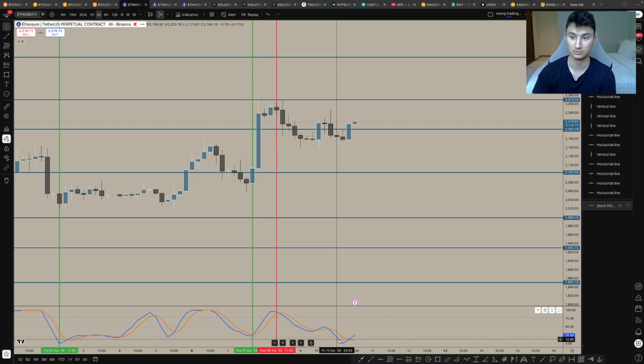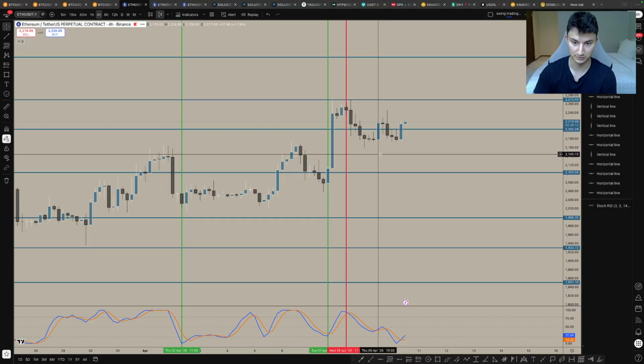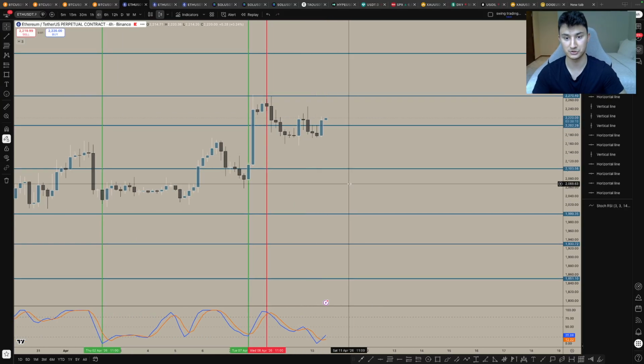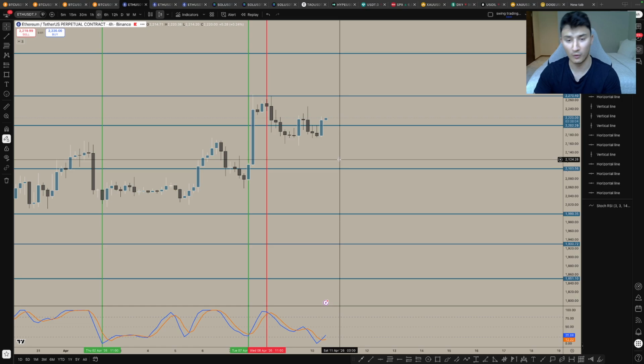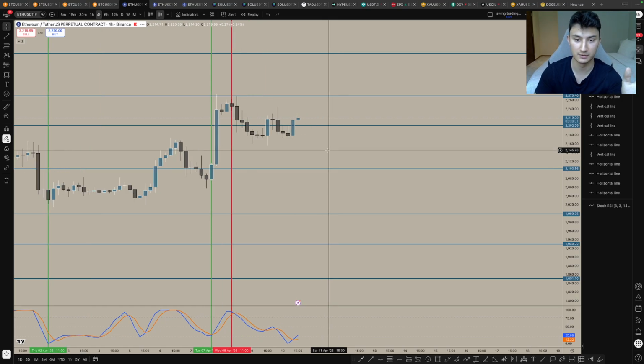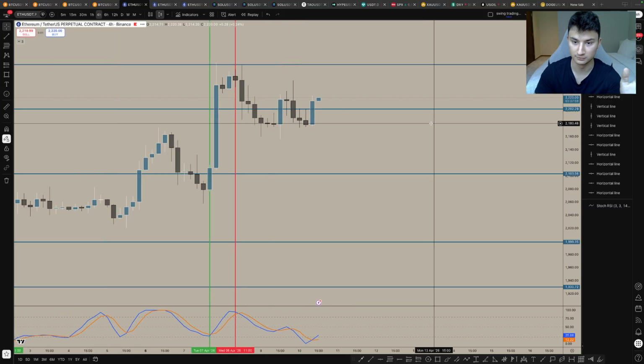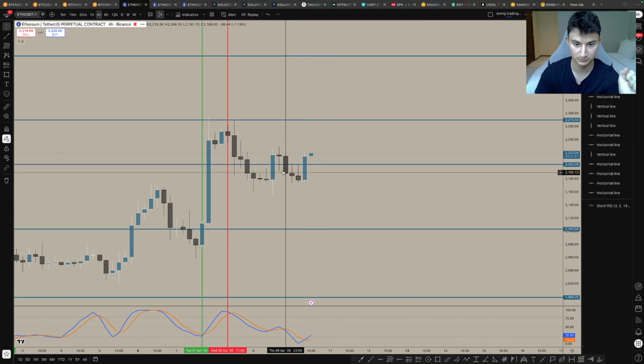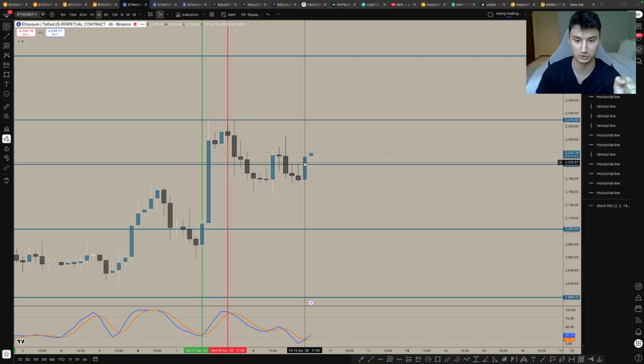Now right now, on the live chart, on the current price action, if I want to take a trade, I would actually take a long. But not right now exactly. Why I would take a long is, first of all, price is right at support. It closed above that level, above 2200 on the 4-hour.